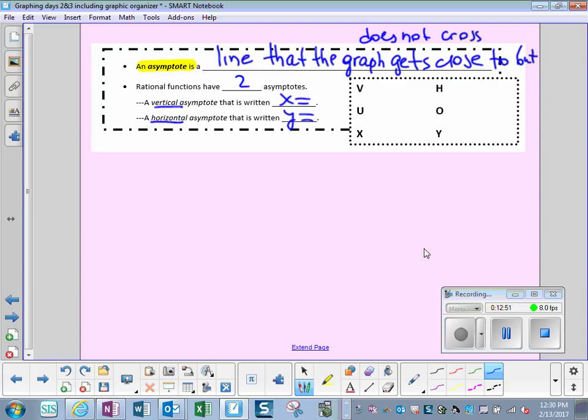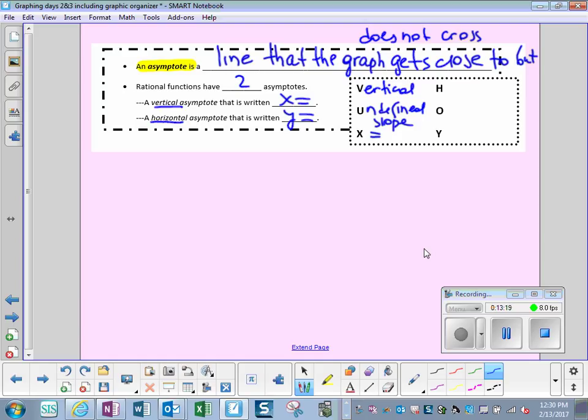So I think in the previous classes you used this absurd word, either VUHOY or HOYVUH, whatever you've learned, right? That's to help you remember the equation for vertical versus horizontal lines. So V stands for vertical, U stands for undefined slope, and then x equals is the formula.